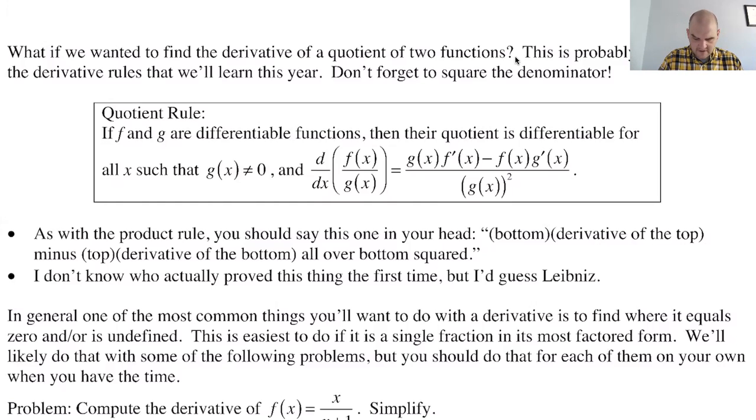But let me do some highlighting here. So we've got f, and I'm going to use a different color for g. So it's going to be that, and then it's that prime.